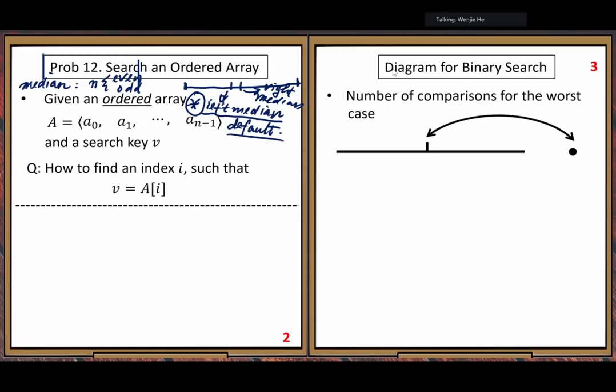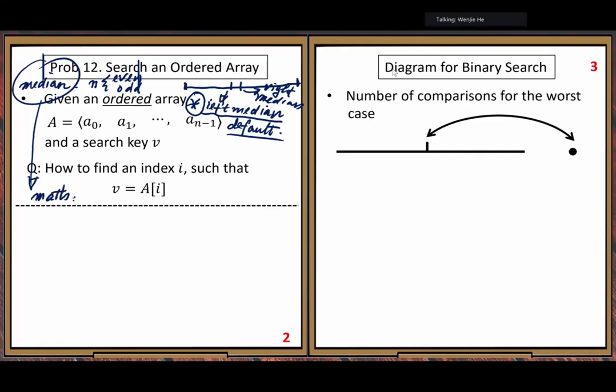All right. Another thing you need to beware of: in computer science, the meaning of median is different from what people use in math.